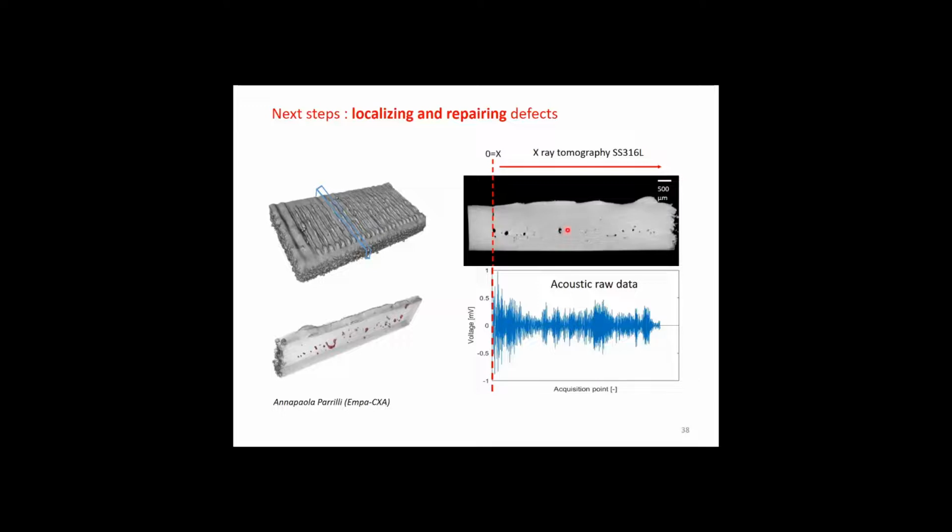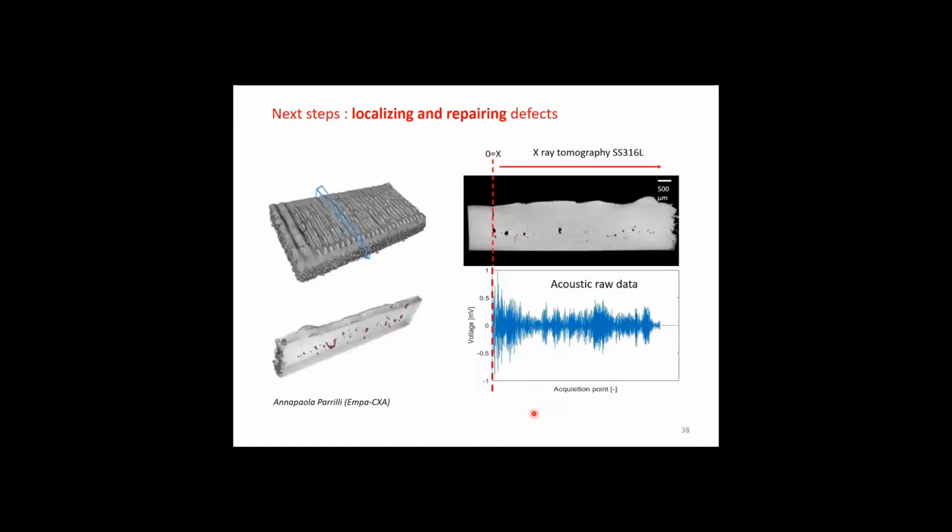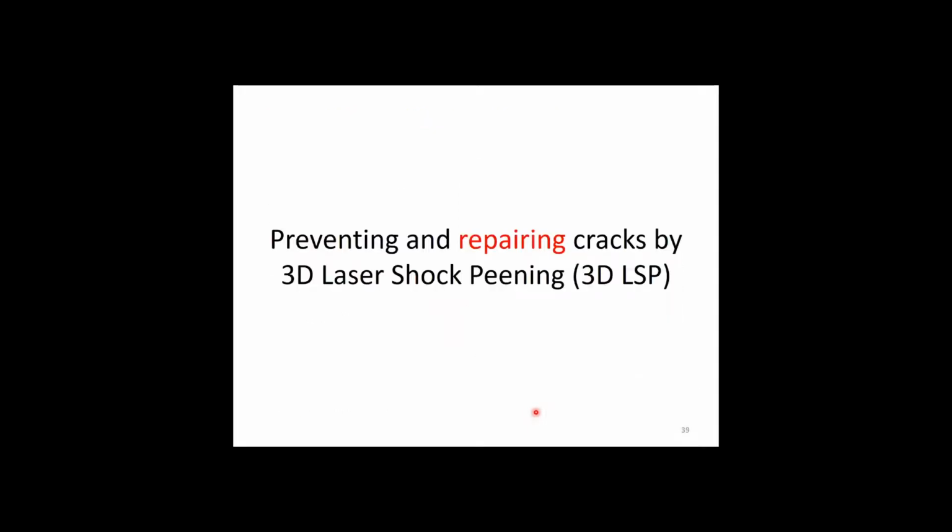And if you have a reasonable resolution here, the idea is then to come back with the laser and remove these defects. So we have different strategies in mind. One way is just to do simple remelting operations, but we can also use other methods.